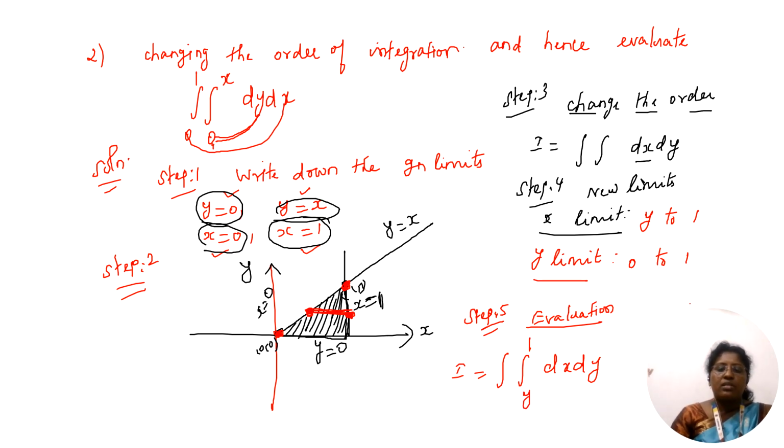The y limit is 0 to 1, which is a constant limit. Now we'll integrate this: integral from 0 to 1, integral from y to 1, dx dy. So we'll evaluate this integral now.